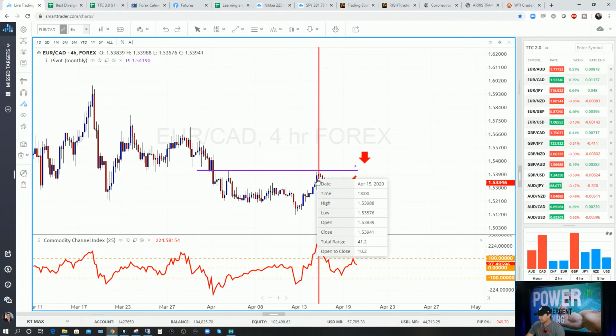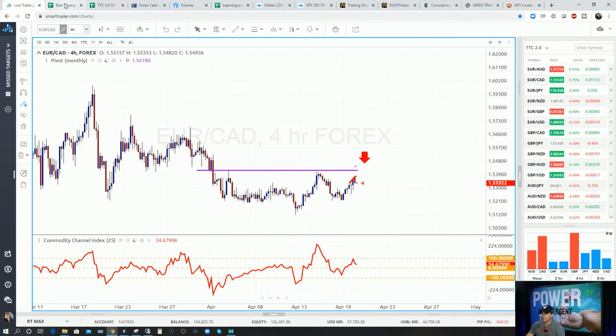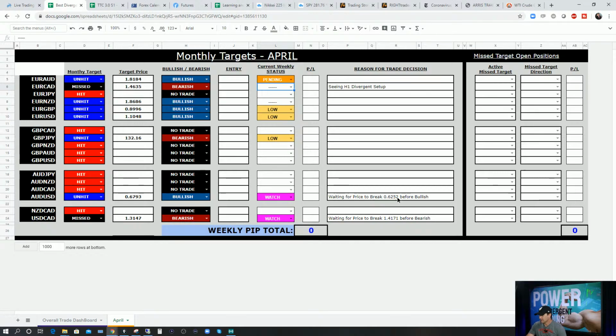This is the high right here, and we want to see price take out 54.11 before we start thinking about selling. So 54.11 before bearish on this one. This is a pair that we're going to watch. We want to see it break below that before we sell it. Let's go to the next pair.